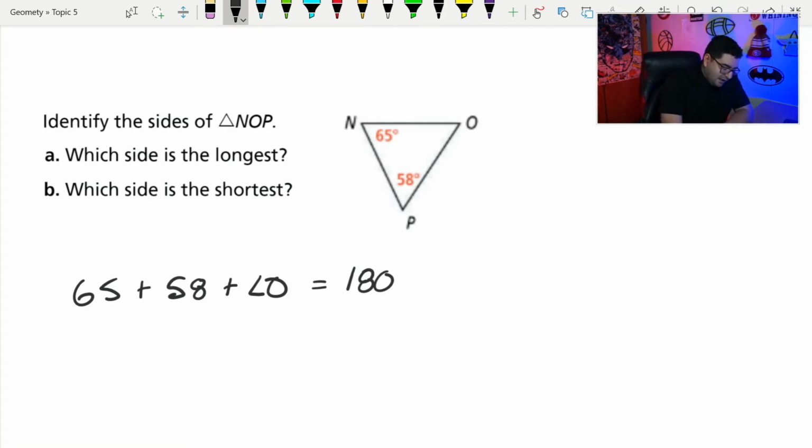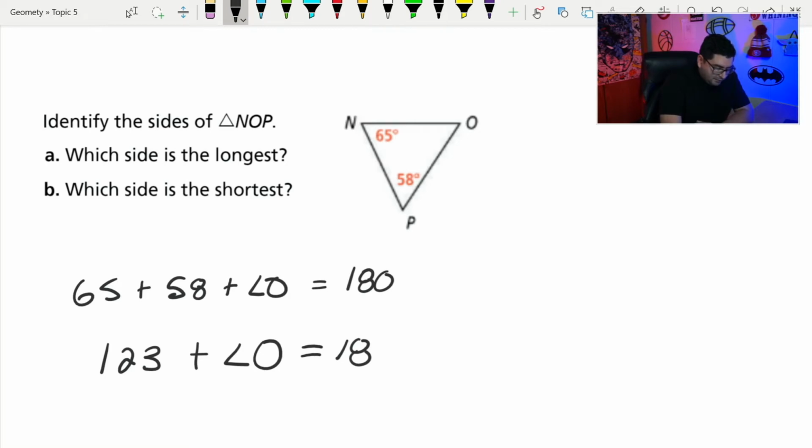65 plus 58, adding these two together, you should get 123 plus angle O equals 180. Actually, that should be 123, if I'm not wrong.